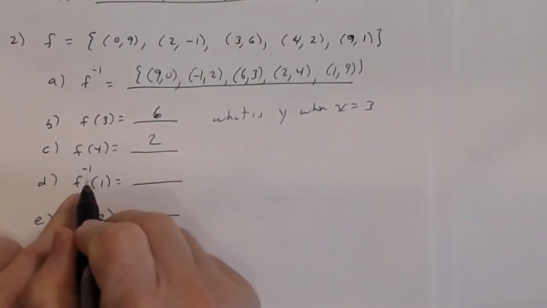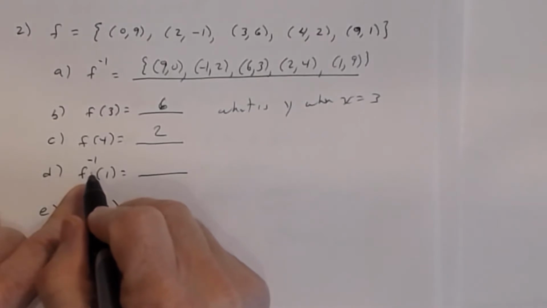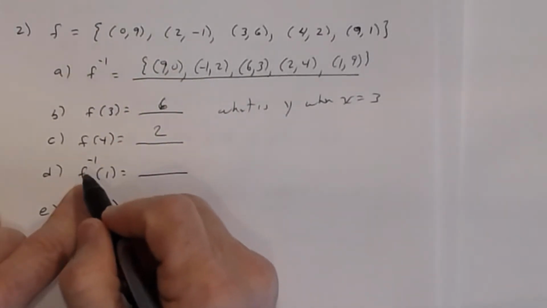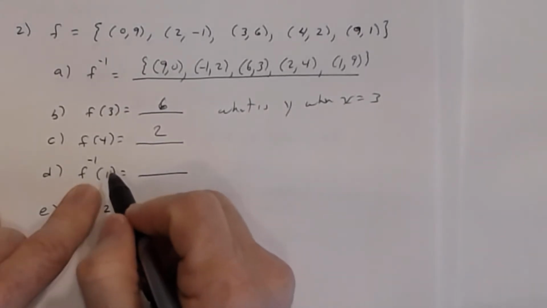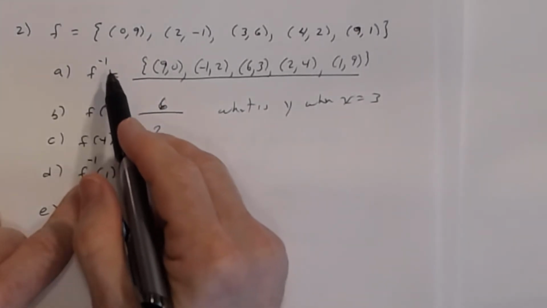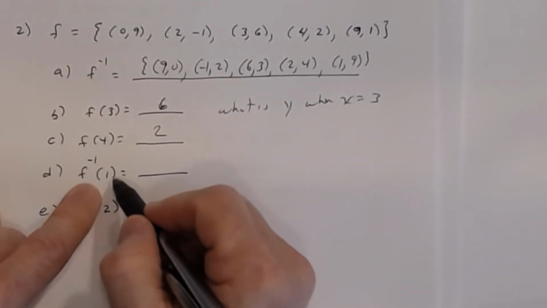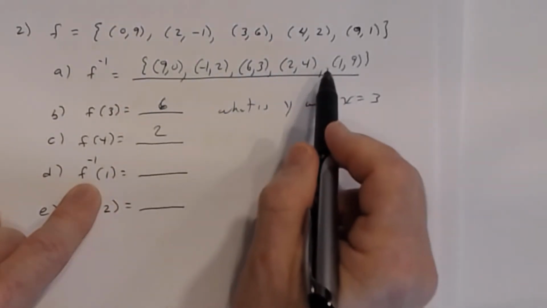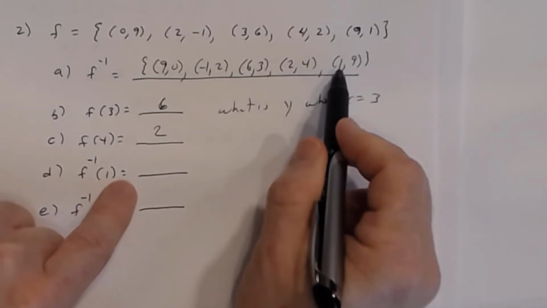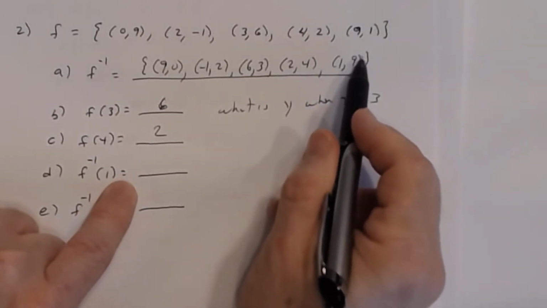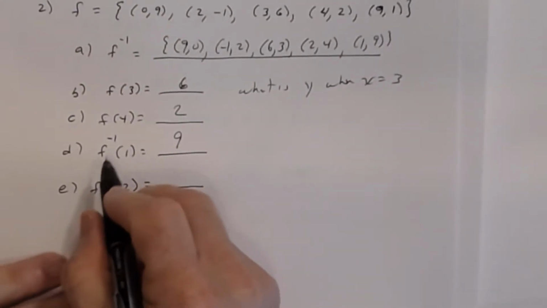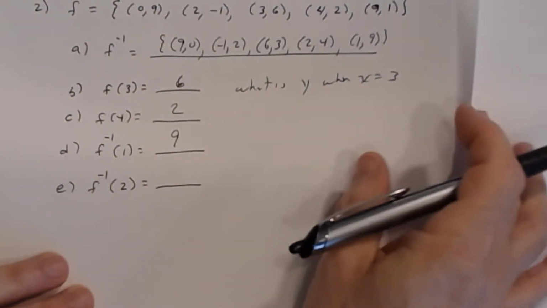Now be careful here. Make sure you go to the inverse. You have to use this one. So f inverse of 1: when x is 1, that's this. You have to use f inverse now. When x is 1, what's my y value? Well, my y value is 9. You see, you have to make sure you're using the right function.